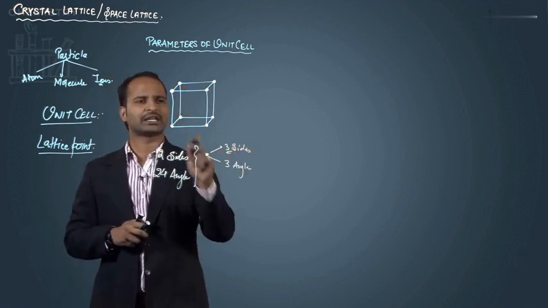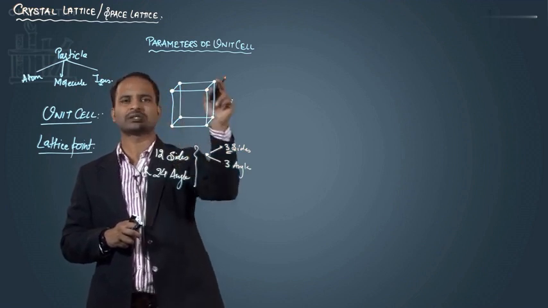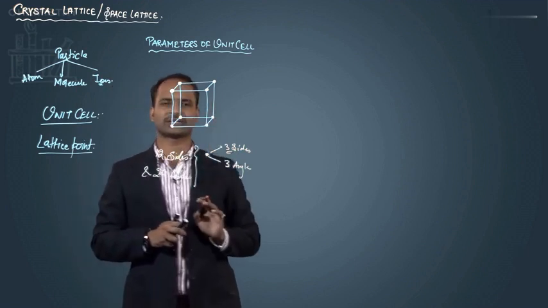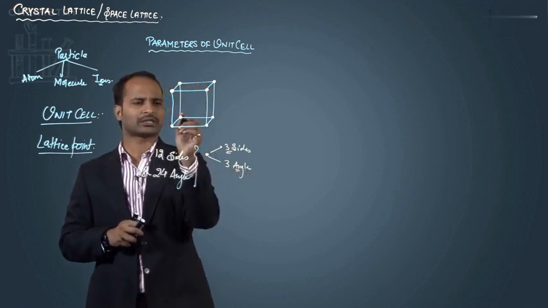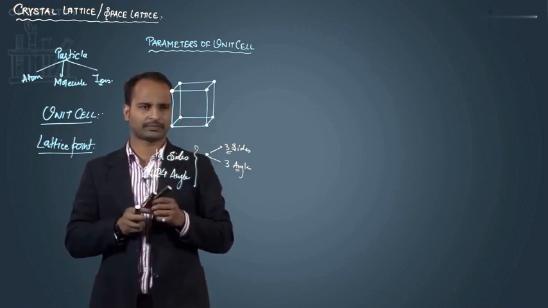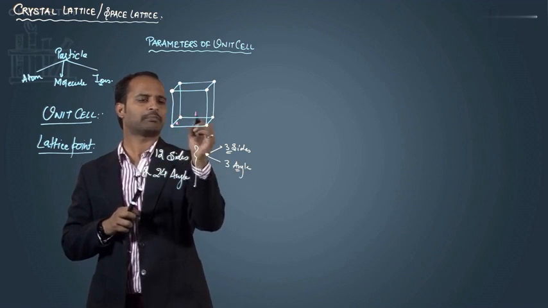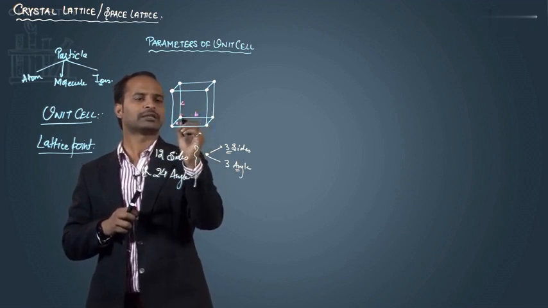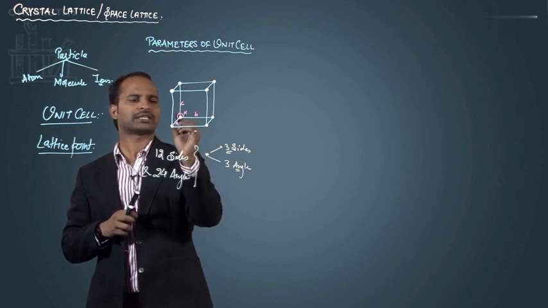If these 3 sides are equal, I will say that the sides present at each corner are going to be equal, which means all the sides will be equal. Similarly, we measure these 3 angles. The sides are A, B and C. The angle opposite to A is alpha, the angle opposite to B is beta, and the angle opposite to C is gamma.